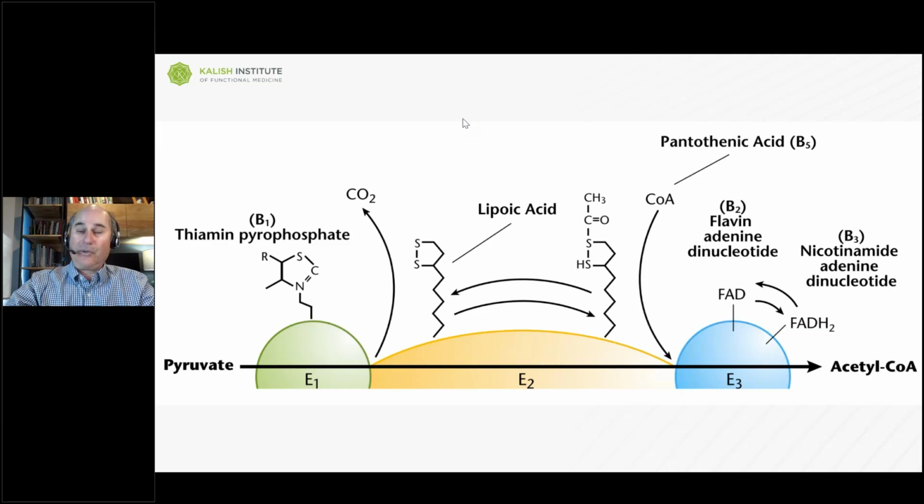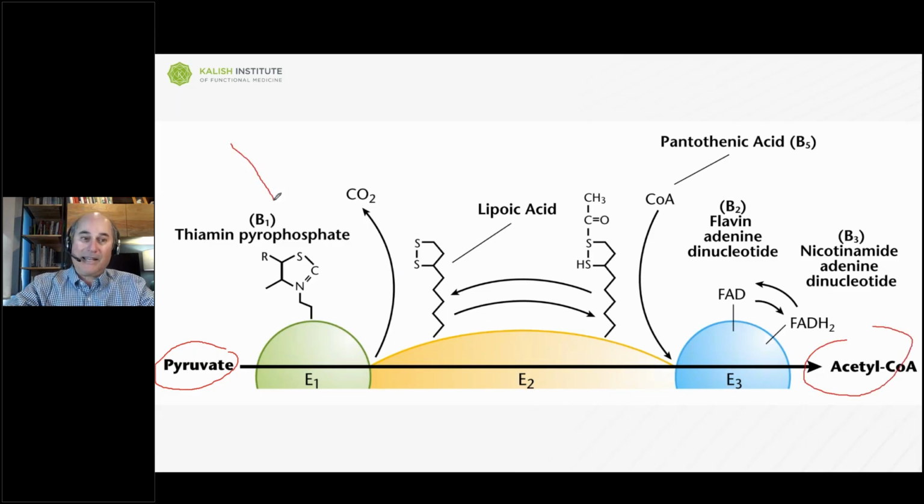And if you have too many carbohydrates and you're not doing this very well, then what's going to happen? You're going to get fat, you're going to get tired, you're going to become insulin resistant, you're going to become inflamed, you're going to be prone to diabetes, cardiovascular disease, many forms of cancer even. Okay, so this is a pretty important pathway. Pyruvate going to acetyl-CoA, and it's run by this pyruvate dehydrogenase enzyme.